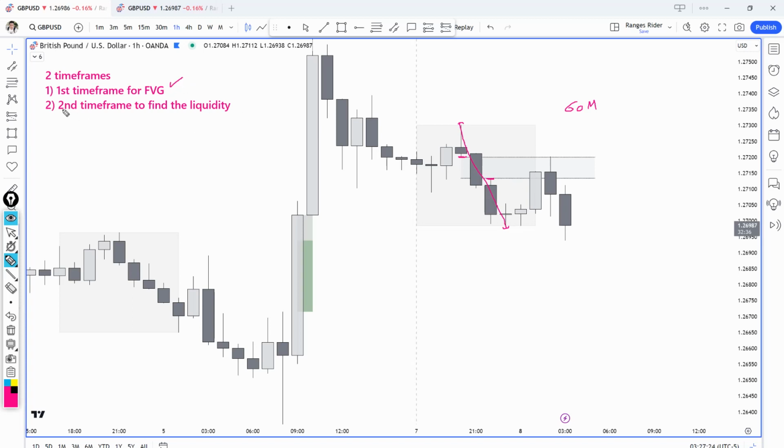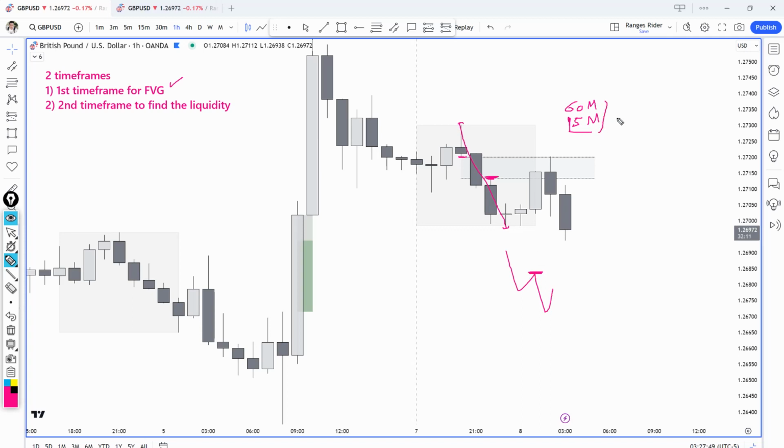But the second time frame will be just one time frame lower. We will not go further lower, just one time frame lower. I know this is not the swing on the 60-minute time frame, but on the 15-minute time frame, this will most likely be the swing point.